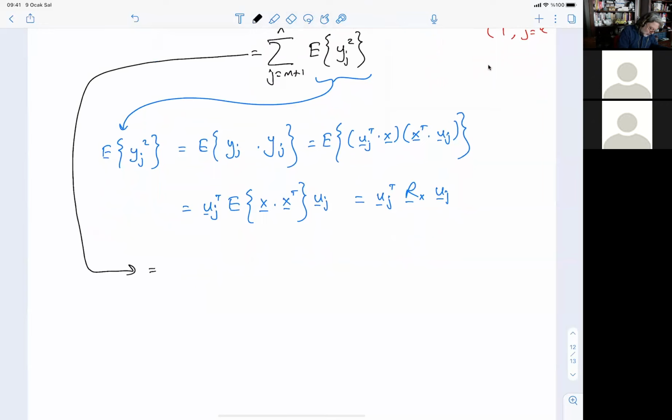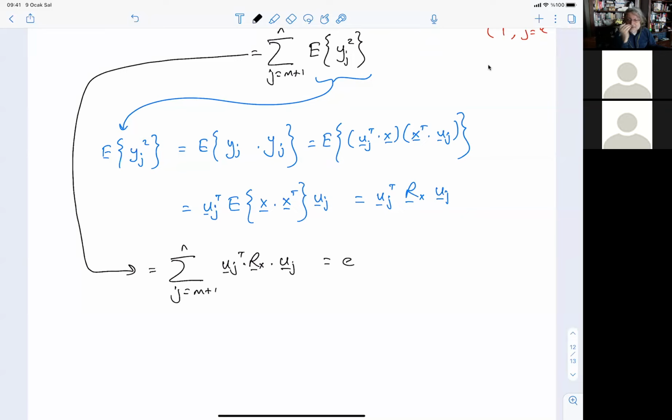That is equal to, first there's a summation, of course, summation j from m plus 1 to n. And inside it, I will write uj transpose Rx times uj. And it looks pretty nice. So this is the thing, it's the error that we want to minimize.